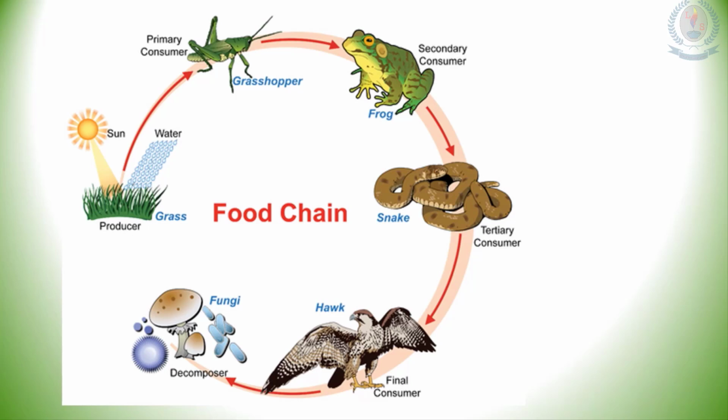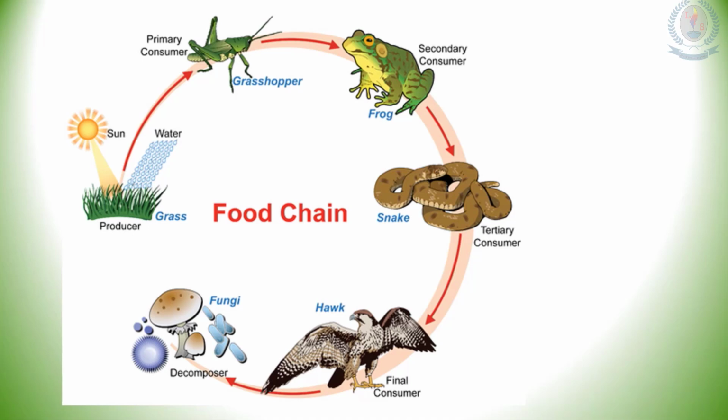Then grasshopper, the primary consumer, is eating the producer, the grass. So grasshopper is a herbivore. Frog, secondary consumer. Grasshopper is eaten by a frog. So frog is a carnivorous animal.